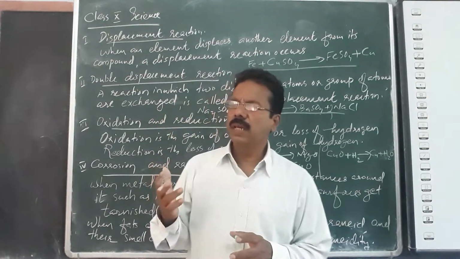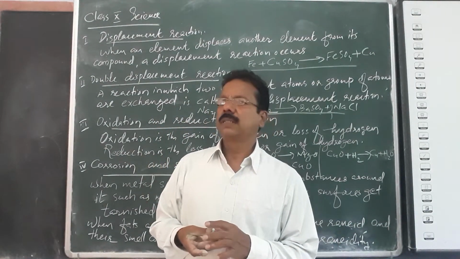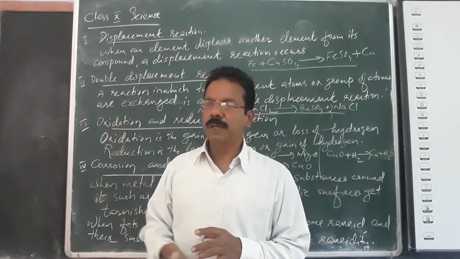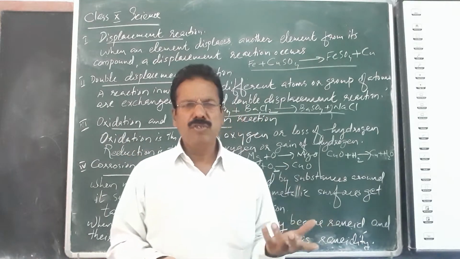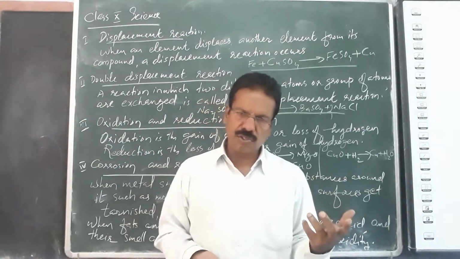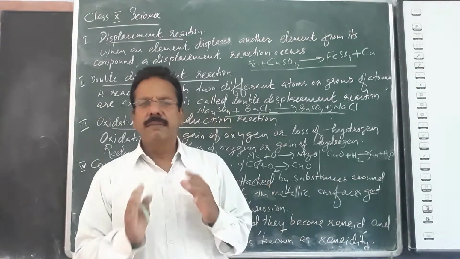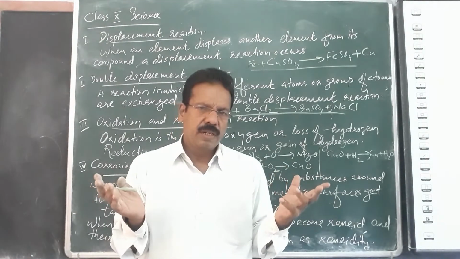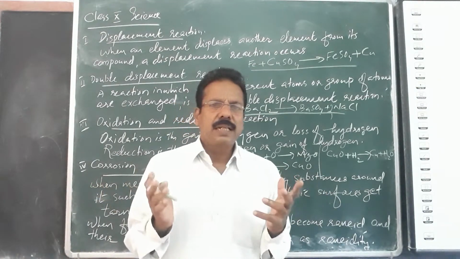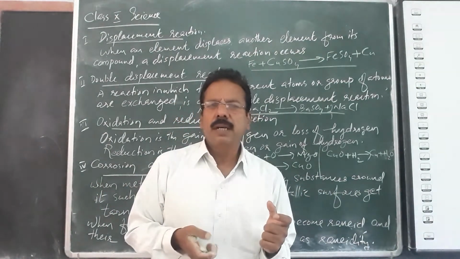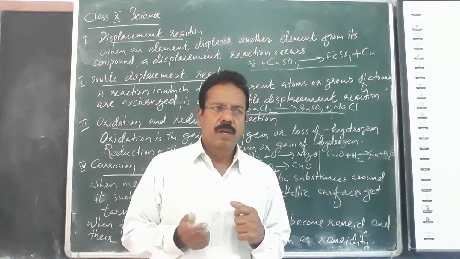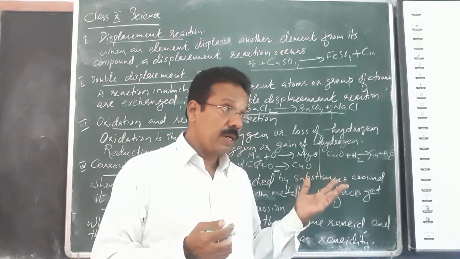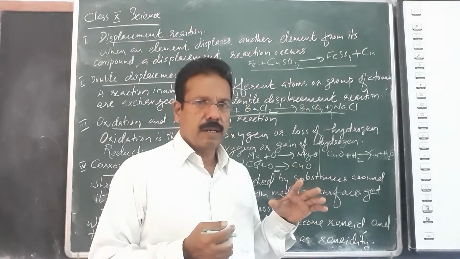It is due to the reaction with substances present in the atmosphere, maybe acids, maybe moisture, or some other substances. The shiny metallic surface disappears, tarnished. Such a phenomenon is called corrosion. Corrosion of iron metal is called rusting of iron.